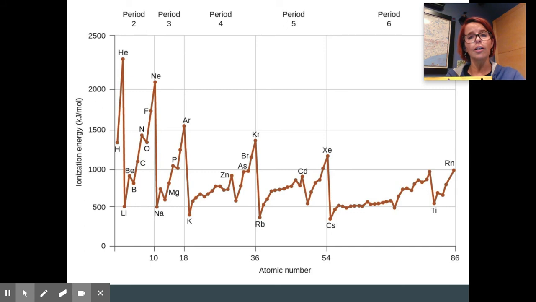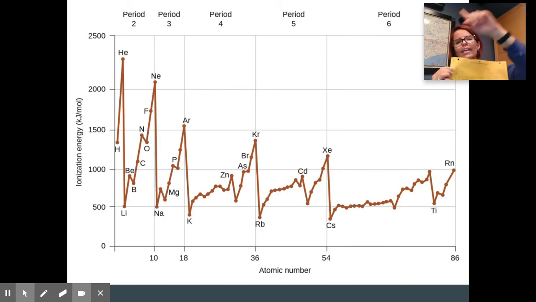Hydrogen is fairly hard to pull its electron off of. But the helium, it's even harder to pull it off because that's a noble gas. It's really tight. Those electrons are super close to those two protons. So its ionization energy is super, super high. But when you go to the next element after helium, lithium, it has 2 electrons in the first shell and just 1 floating around in the outermost shell.